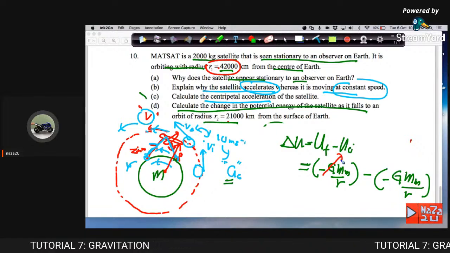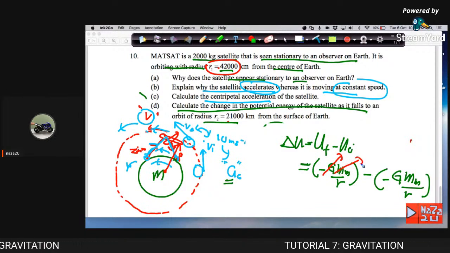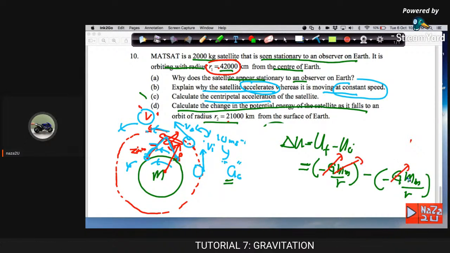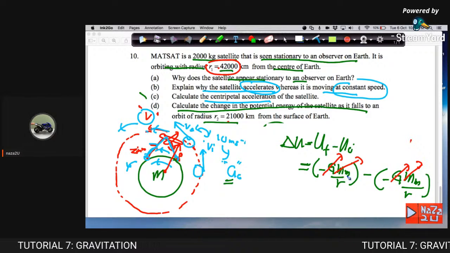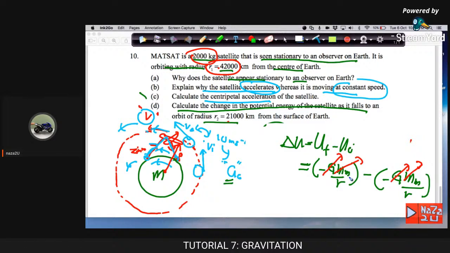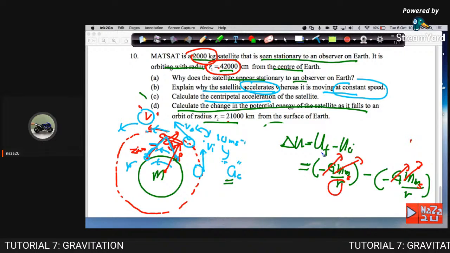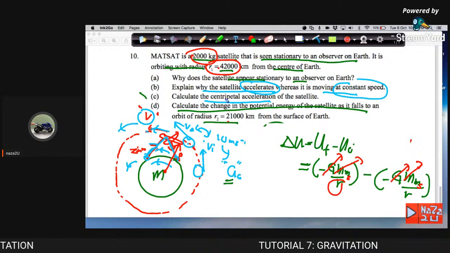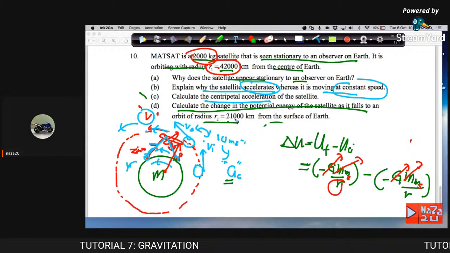So G is constant. Mass of the earth. So mass yang kecil kat sini adalah mass satellite kan. So this is mass of satellite. So radius here, final is dia berada di asalnya 42,000, lepas tu dia pergi kepada 21,000.